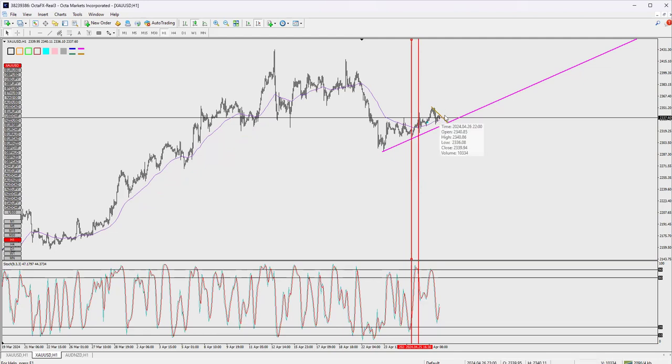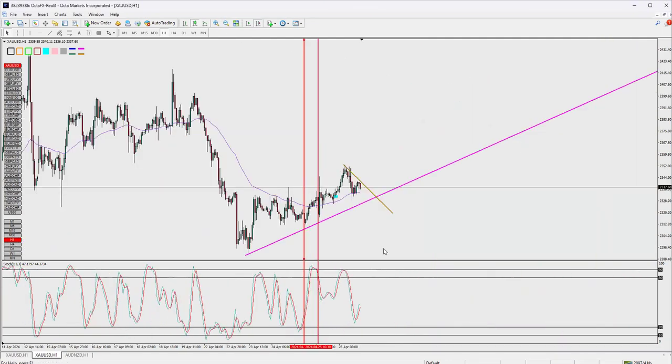We don't know what's going to happen, so we just wait for the market to give us direction. The moment it gives us direction, that's what we're supposed to do. So that's how you trade on the counter trend.